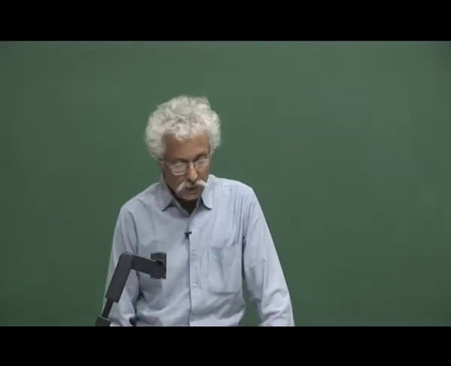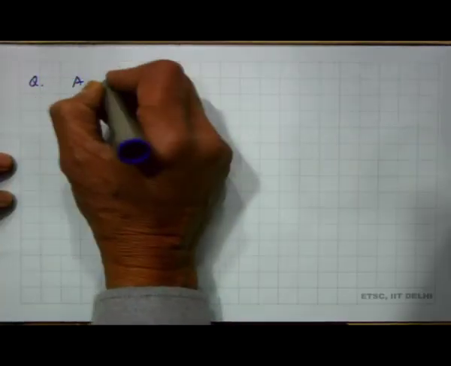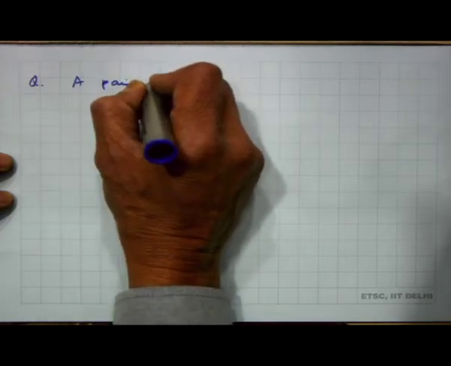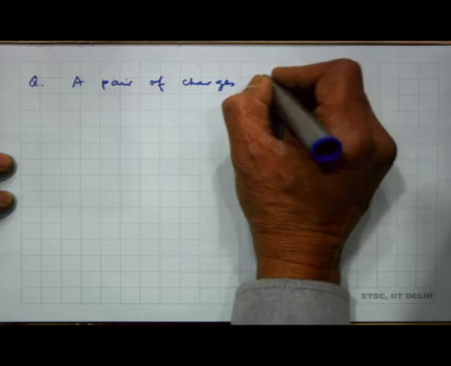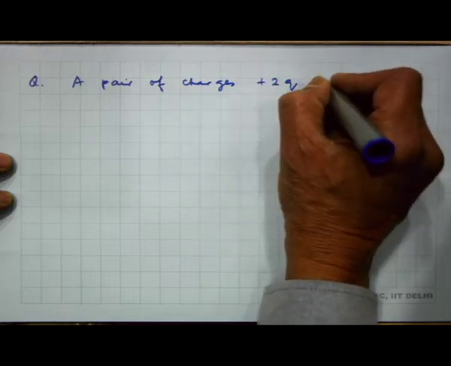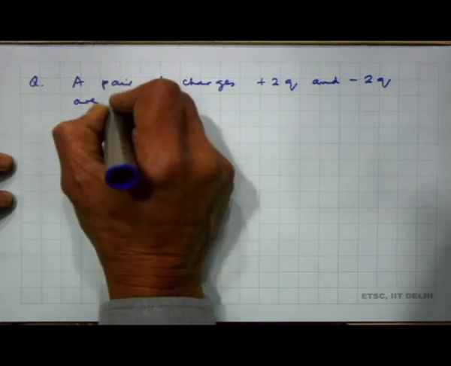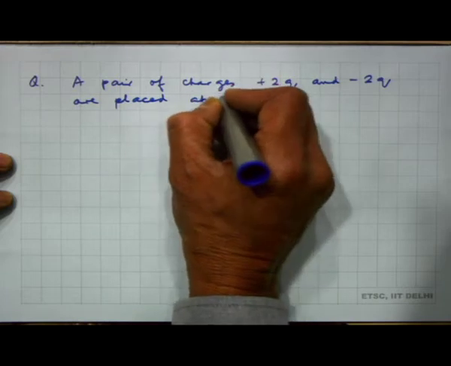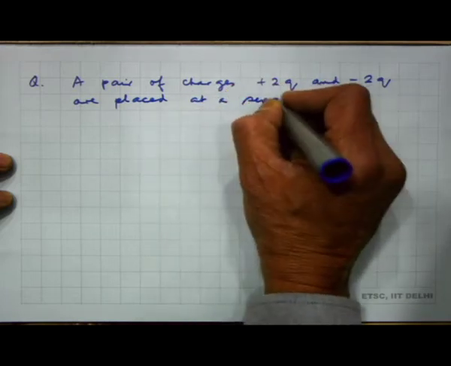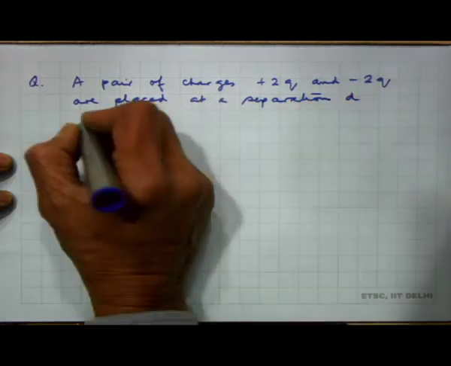Now, I want to look at another problem. Suppose I have a pair of charges, plus 2q and minus 2q, placed at a separation d as shown.